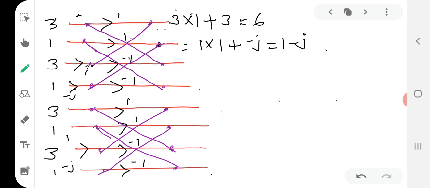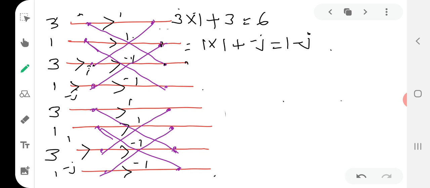Okay, and then the third point, this is the third point. What are the points coming here? One is 3 into 1, that is 3, and the second one is 3 into minus 1, that is minus 3, that's why the answer will be 0.